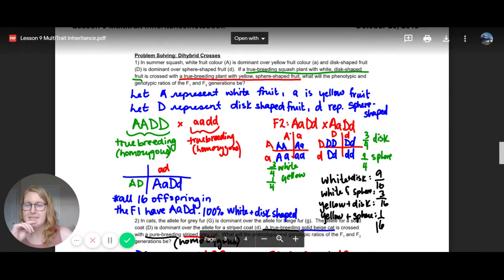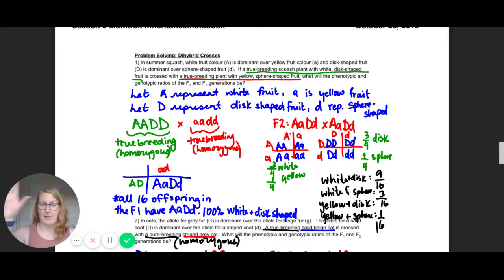So here, with this AADD, all capitals, all homozygous for dominant alleles, there is only one allele possibility, right? If I do my FOIL method that I showed before, I will end up with 4 alleles that are all capital A, capital D, okay? So instead of writing that 4 times in a table, I can just simplify it and write it once in a table, okay?